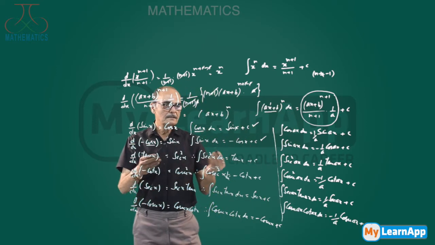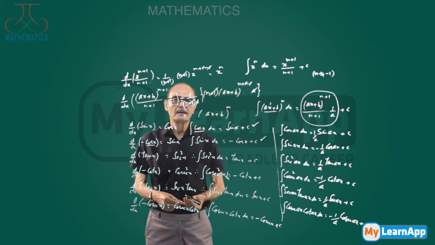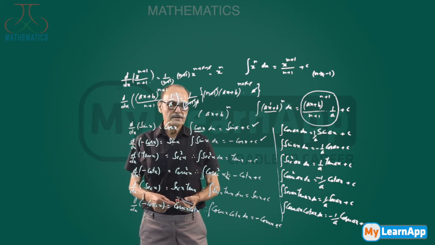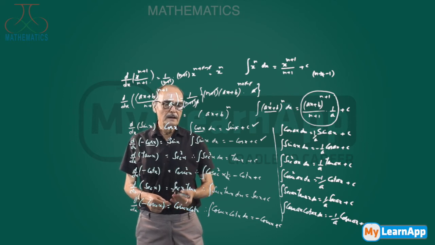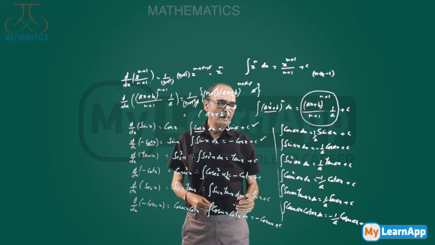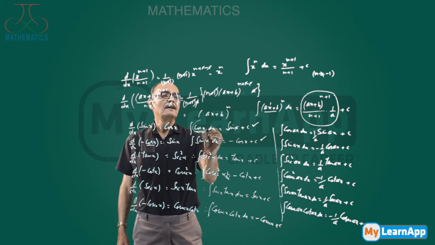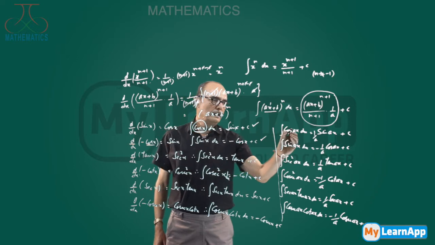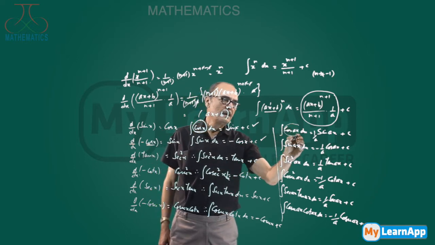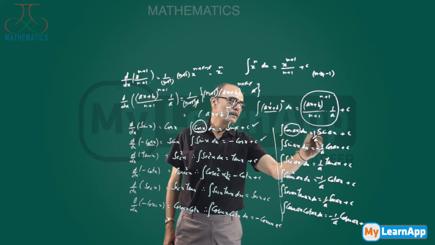Now, these formulas are meant for children who are starting this integration for the first time in class 12. After comparing these results, I may repeat that if it is cos x, integral of this cos x is sin x, but if it is cos of Ax, instead of x, we have Ax here, the formula becomes sin Ax divided by coefficient of x.